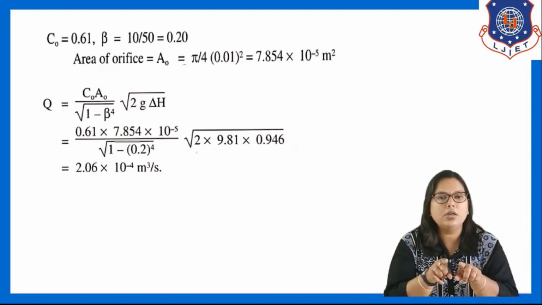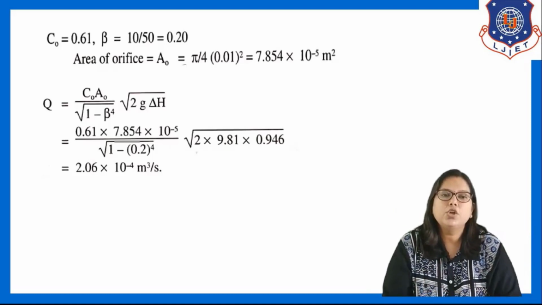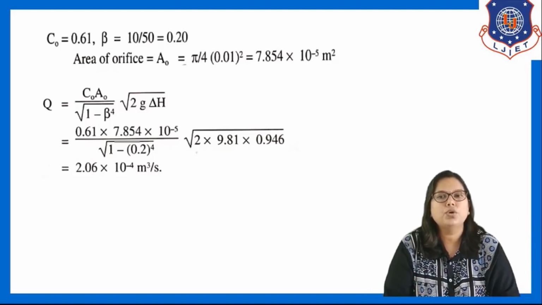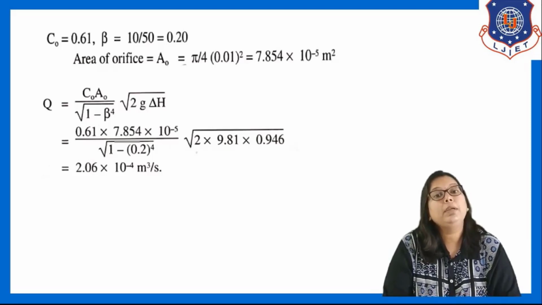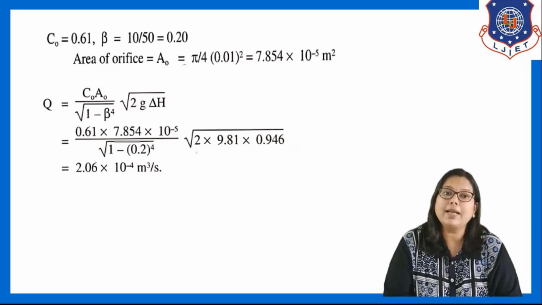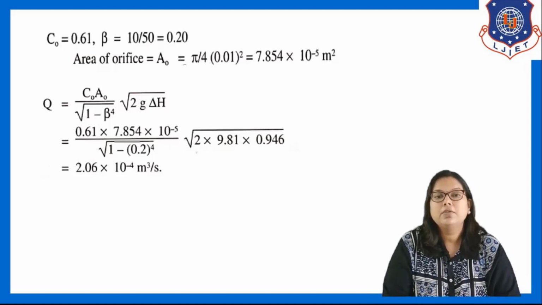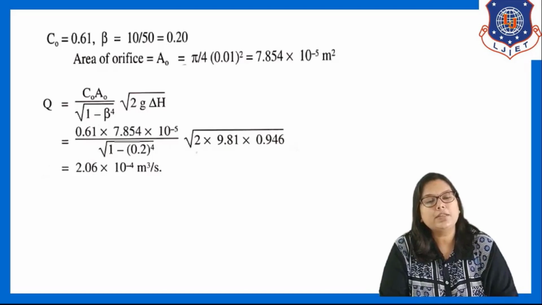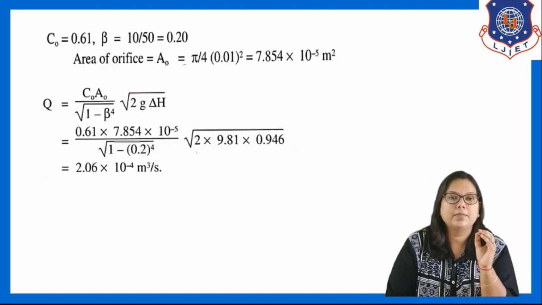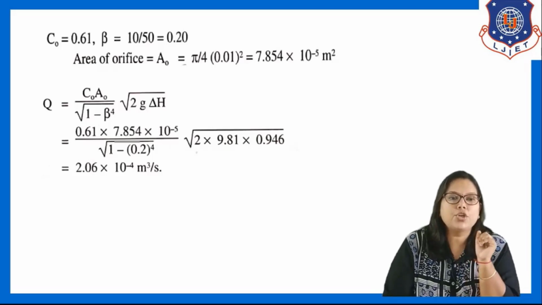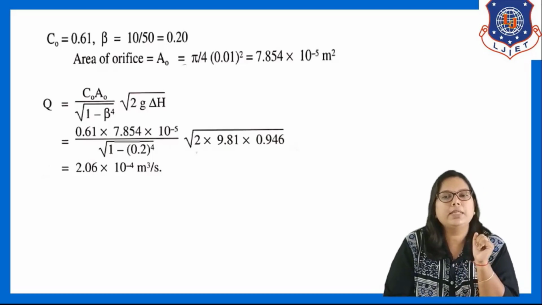When you solve this whole equation, you will get Q equals 2.06 into 10 raised to minus 4 meter cube per second. When you write the unit, you must be careful. We generally follow SI units, so unit consistency must be maintained.